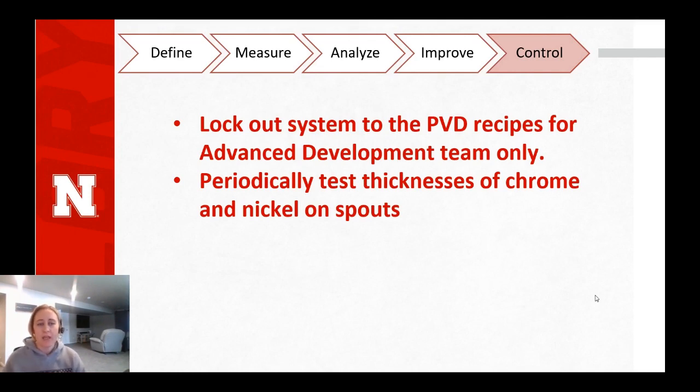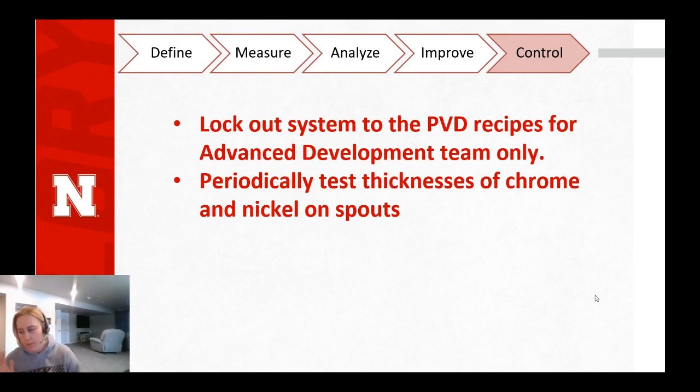And then understanding that nickel variation is also critical because there was that 0.75 correlation between the results we were getting, whether it was cracking or not, and the nickel. We could see on the control charts as well that there was a very low nickel thickness on some of those parts. So we need to understand what is changing in that plating process that causes that change in nickel.